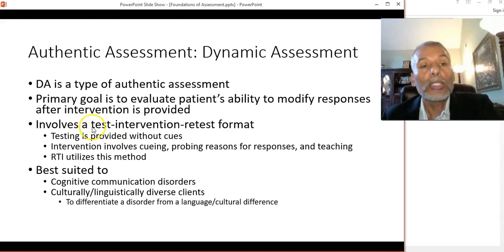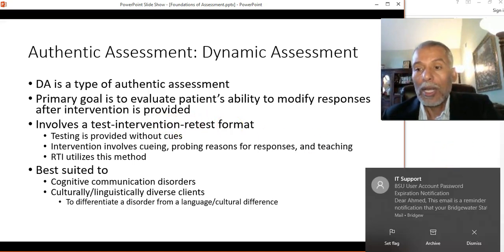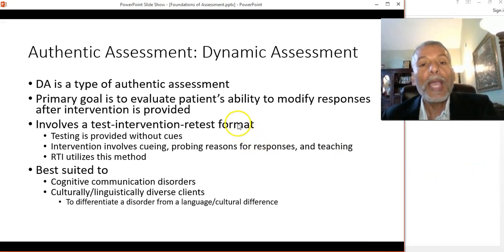So what you do is you test first. And when you do the testing first, you do not provide any clues. And then you provide the intervention. You provide the teaching, and you give the clues and all of this. And then you retest again after you complete your intervention. And then you compare the results that you get from the retesting to the previous results.